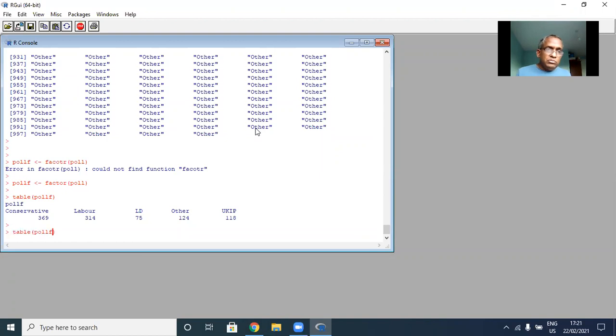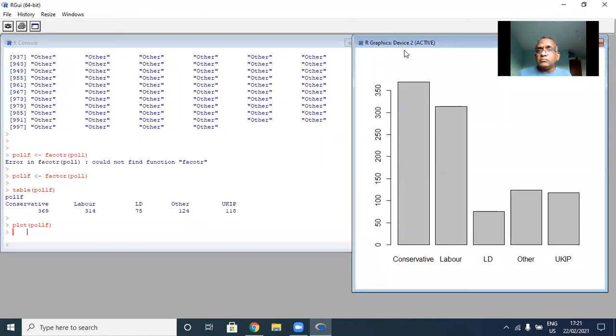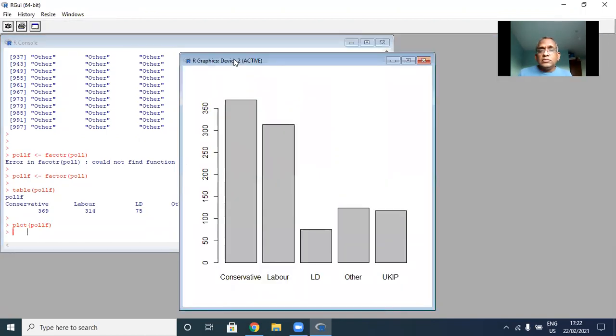Now you should plot this. This is what you will get. All right. So this is the plot. It is a bar plot, right? A bar plot, as I mentioned before, is used to represent categorical data. So here it shows you how many seats or votes each of the 5 parties got. All right.